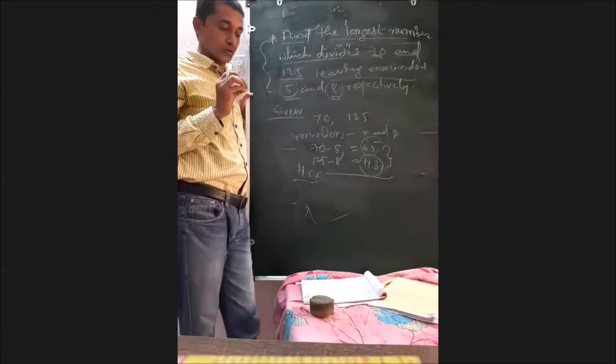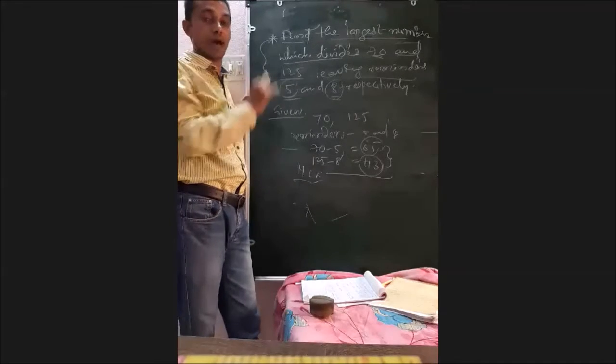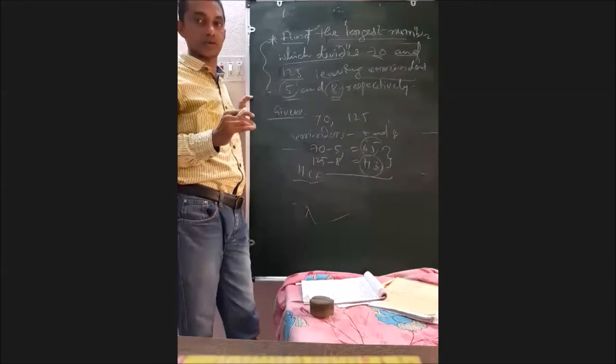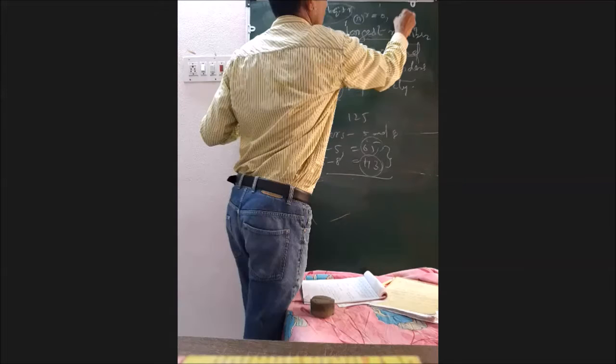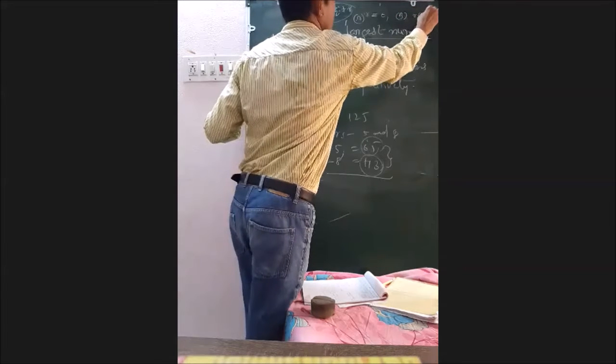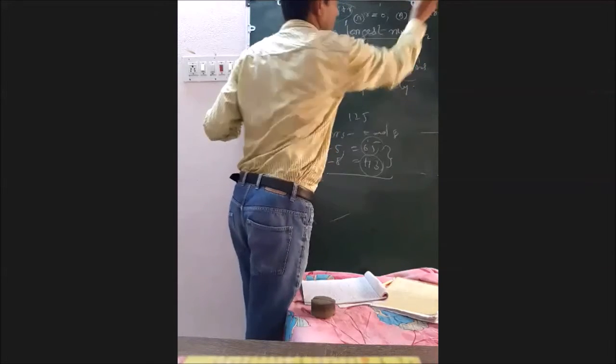There you won't get a direct problem from the textbook, but you will get such a parallel problem from your textbook. So if you prepare Euclid's division lemma, a is equal to bq plus r, you will be getting options like this: r is equal to 0 always, or 0 less than r less than b, like this.